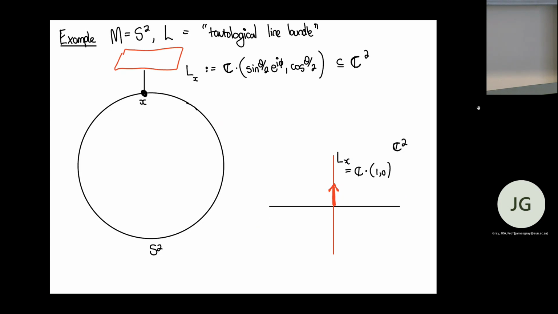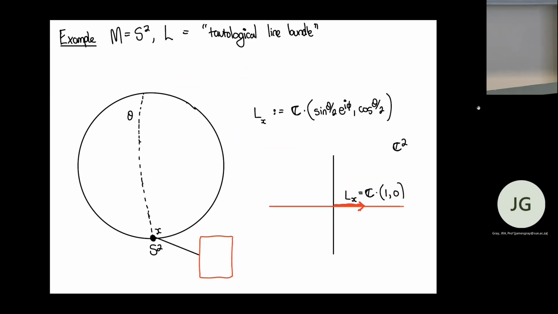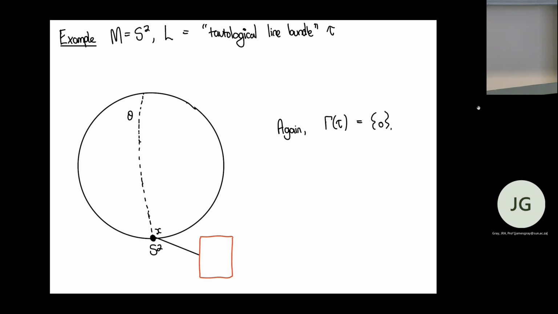So I'm just giving examples of what a line bundle is. A line bundle is just a bundle of lines on a manifold. At every point in the manifold, we have a one-dimensional complex vector space. This was the example of the tautological line bundle over CP¹, i.e. S².